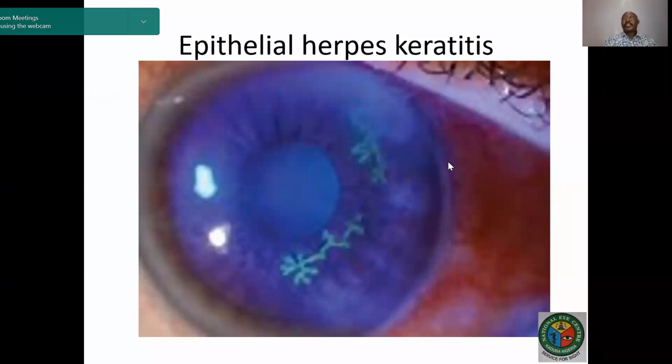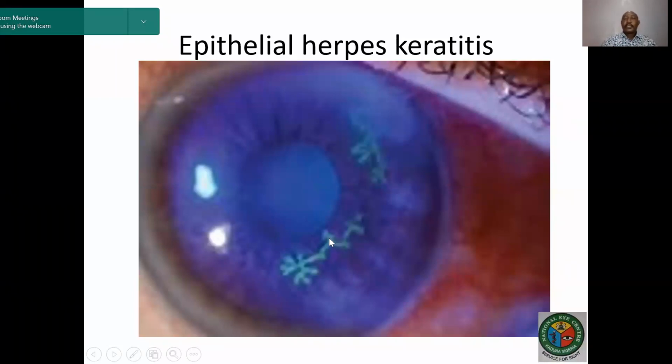About 90% of herpes ulcerations can be diagnosed clinically. Only a few may require further investigations to be able to label the disease entity.